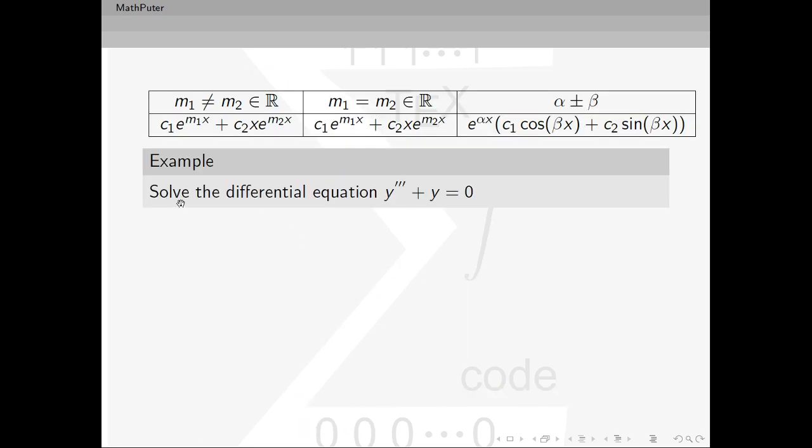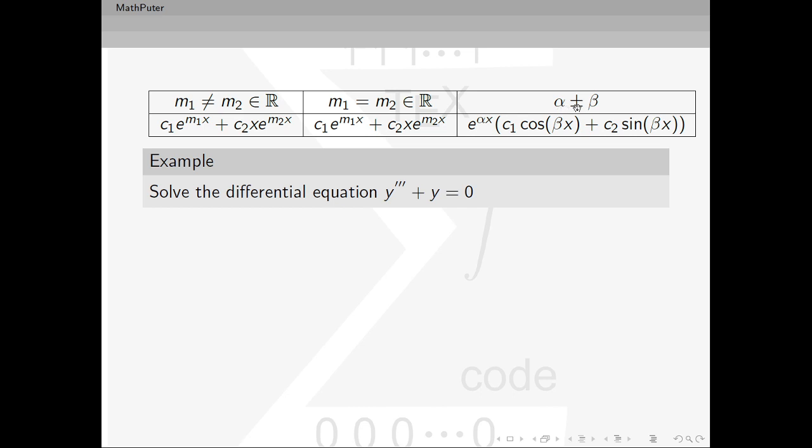Let us find the solution of this differential equation, third derivative of y plus y equal to 0. For your information, I put here the nature of the roots. When the roots are real and not equal, this is the solution. When roots are equal, this is the solution.